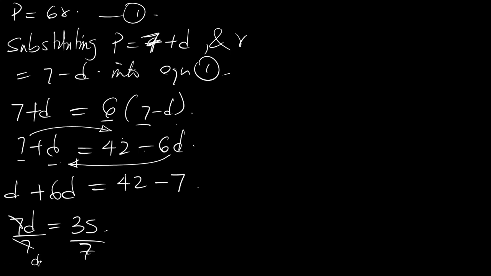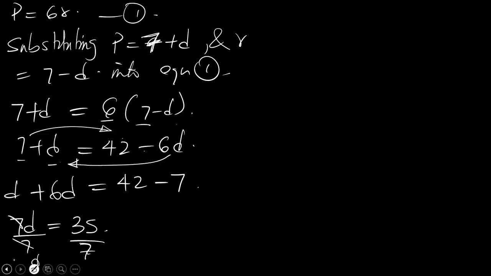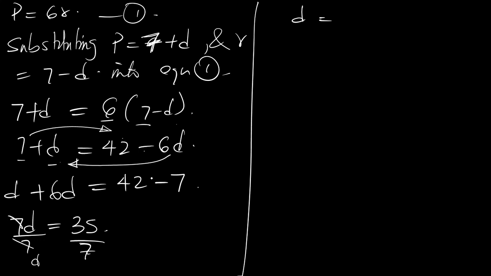We now have D is equal to 7 divided by itself 1, 35 divided by 7 is 5. You have D is equal to 5.